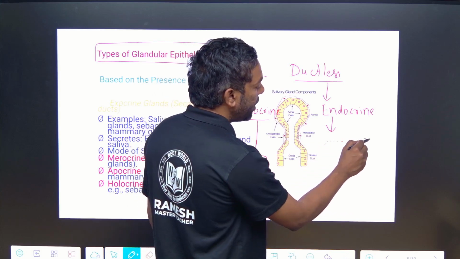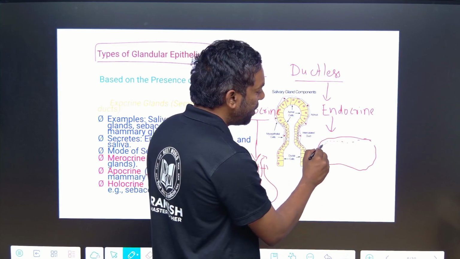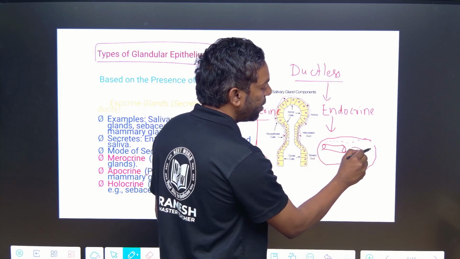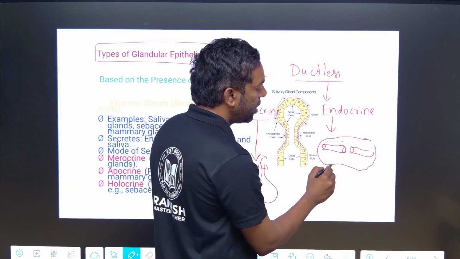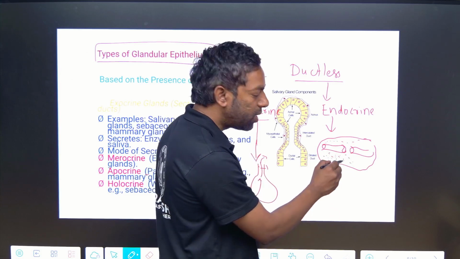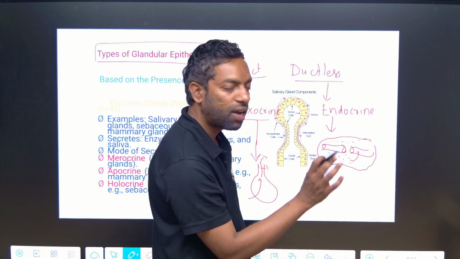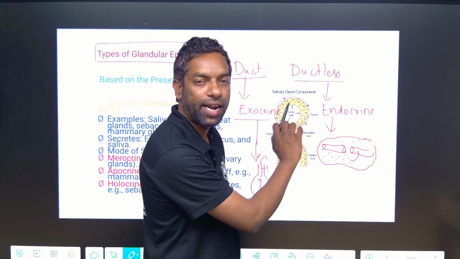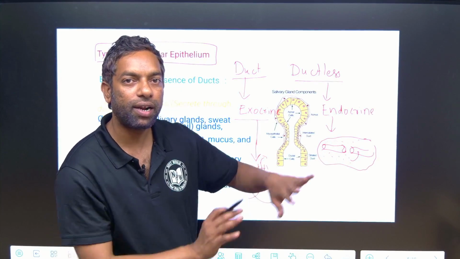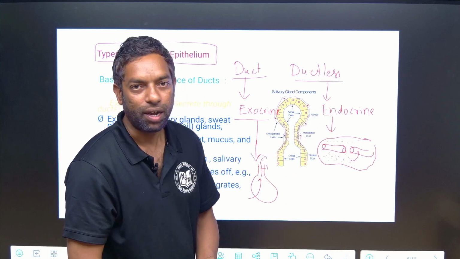If it is the thyroid gland, there is a blood vessel, and the thyroid gland gives the hormone directly into the blood. This is endocrine, endo meaning in. There are no ducts; their secretions enter directly into the blood.